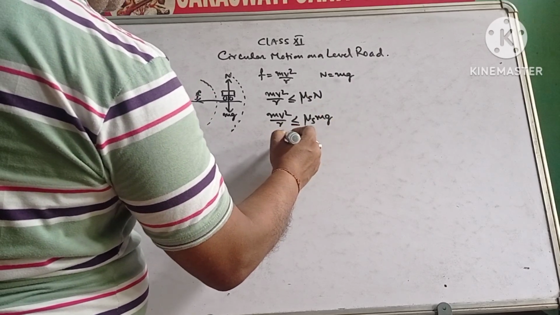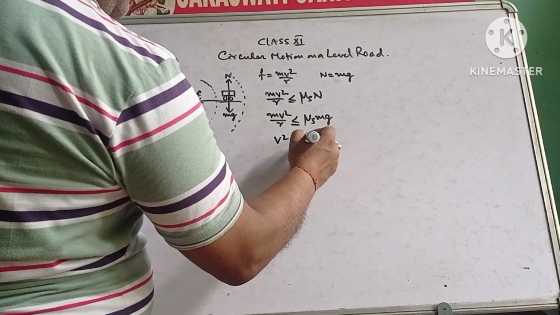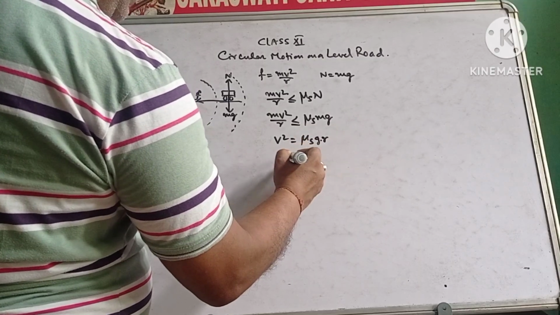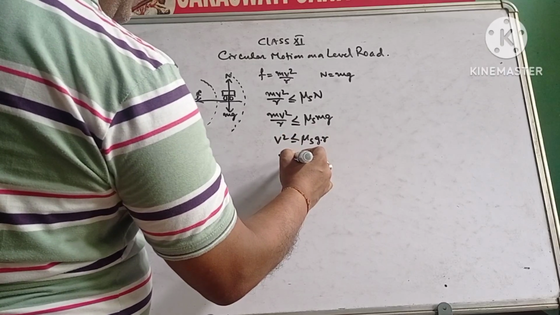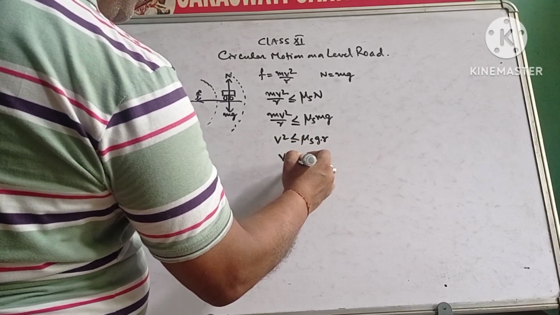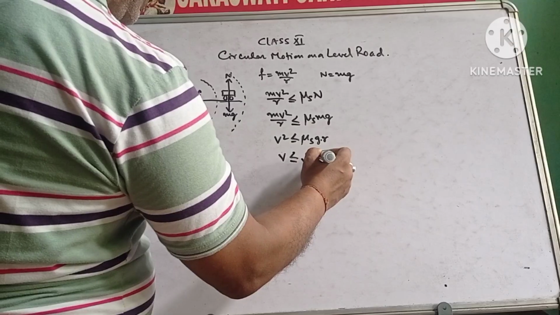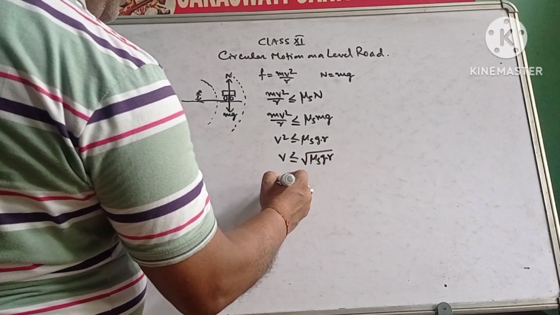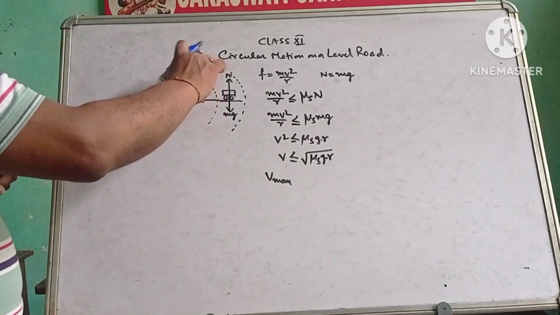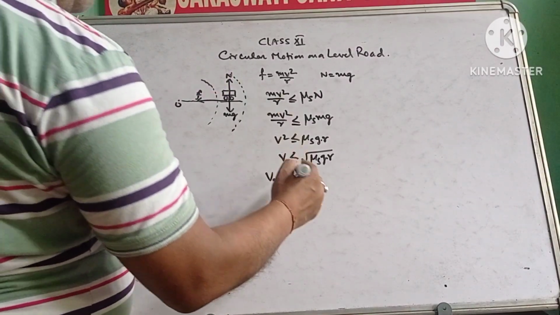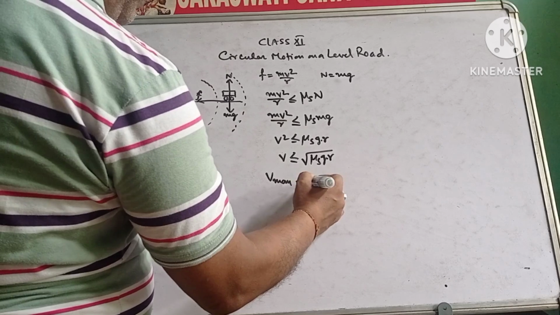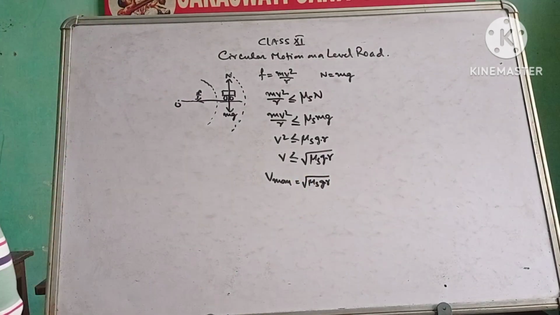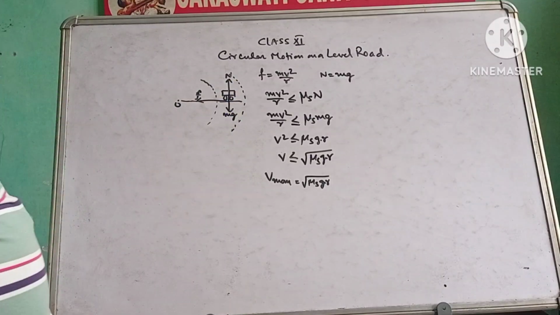So v square is less than or equal to coefficient of friction g into r, so v is less than or equal to root over coefficient of friction g r. So the maximum velocity when the car is taking a curved turn should be root over coefficient of friction g r. If the velocity is greater than this, then the car will skid.